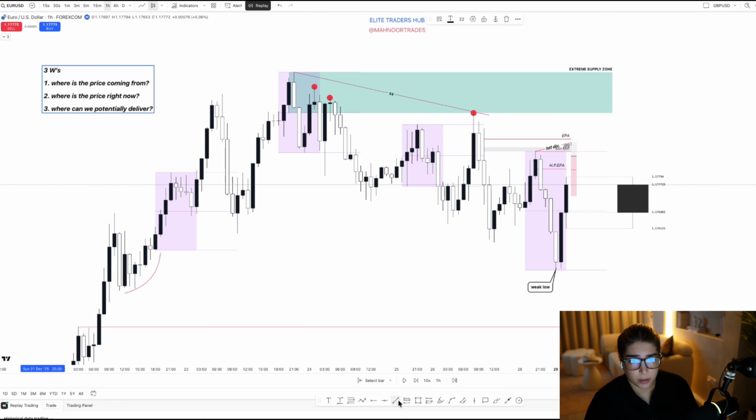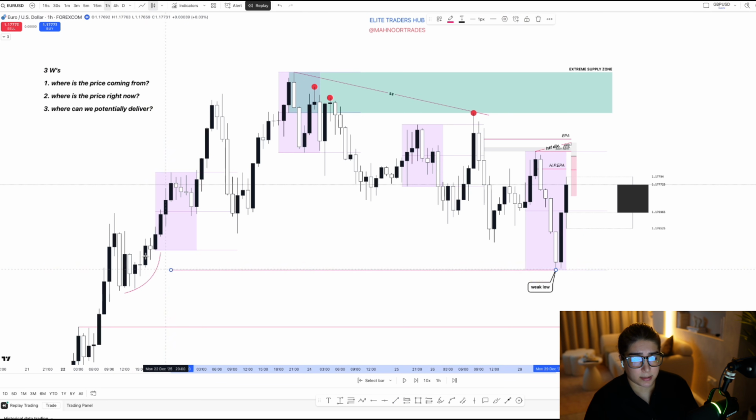Now, if I look at this swing low, which is Asia low, we can clearly tell that it's coming out of a build-up. Right, and we know that price reacting off a build-up or inefficient price action usually signifies a weak structural point.